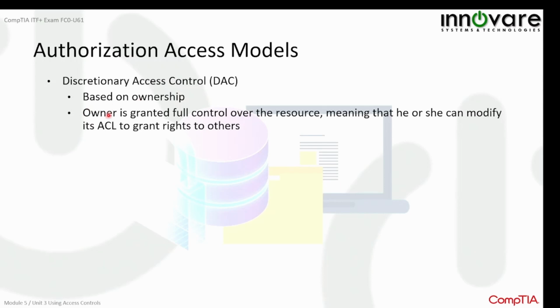Yung owner, ito yung, for example, who created the file originally, who created the folder originally, yun ang owner. So that type of access control is discretionary. Nasa kanya yun kung whether to give you permission or denial for certain access.